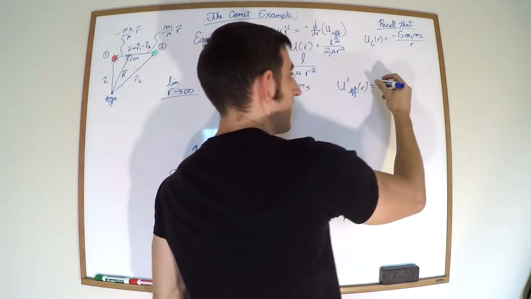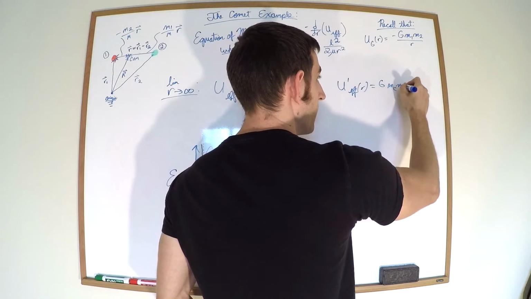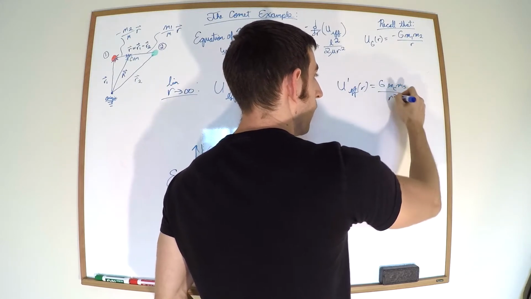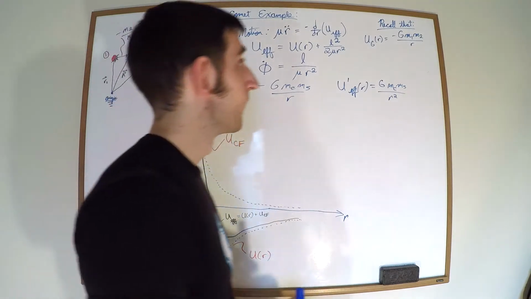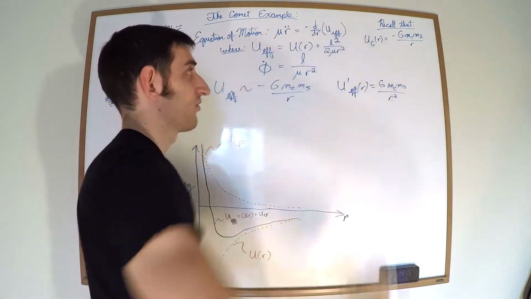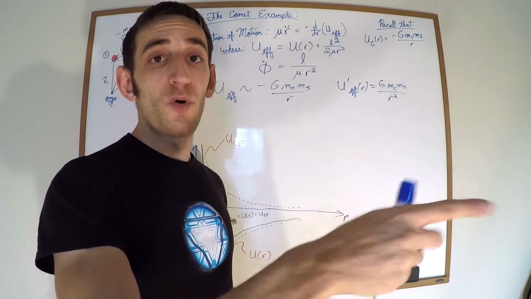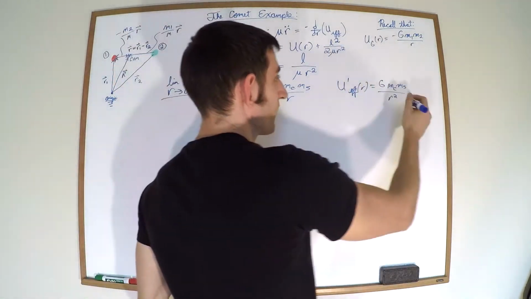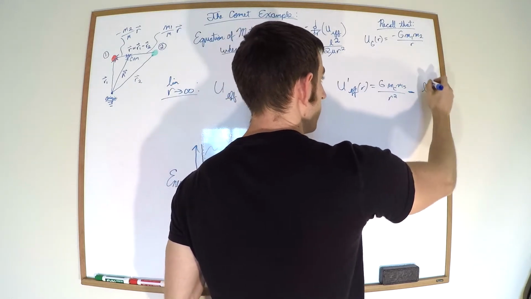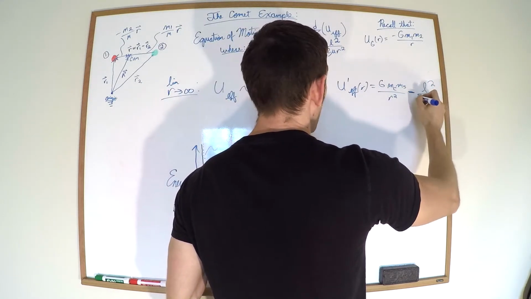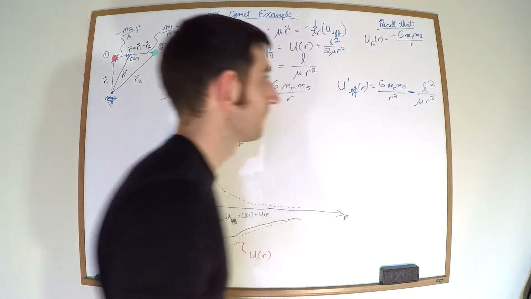So the negative is going to cancel out, and we get G Mc Ms over r squared. And then we have to do the same thing here. The derivative of 1 over r squared is negative 2 over r cubed. So the 2's are going to cancel out, and then we get that negative L squared over mu r cubed.